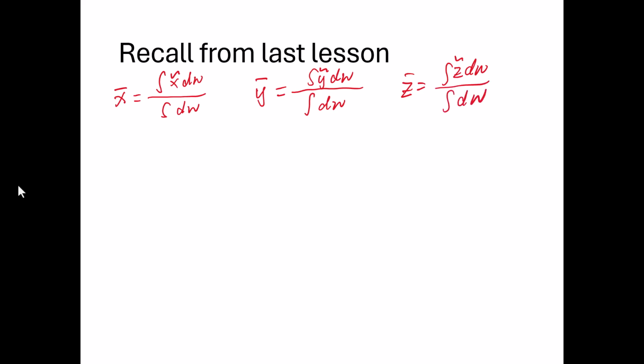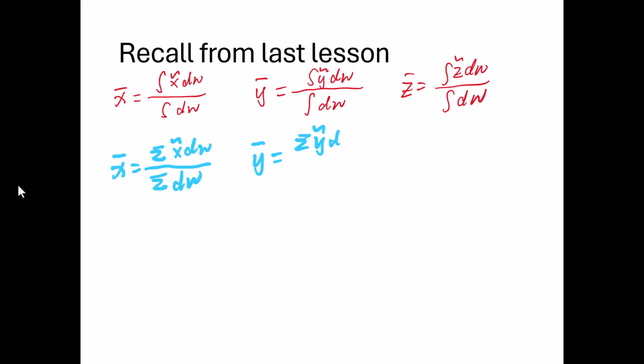So for this class, sometimes we can also express it as the summation of x tilde dw over the summation of dw, and y as the summation of y tilde dw over the sum of dw.